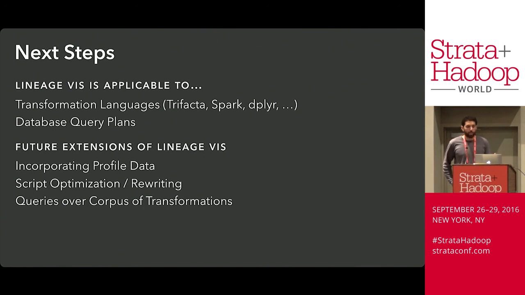Of course, once you've tracked these dependencies, you can do optimizations to rewrite the script, both in terms of optimizing performance, but also optimizing how well it can be understood when reading it. And then finally, supporting these types of lineage queries not just over a single script, as I showed, but a corpus of them across an organization.